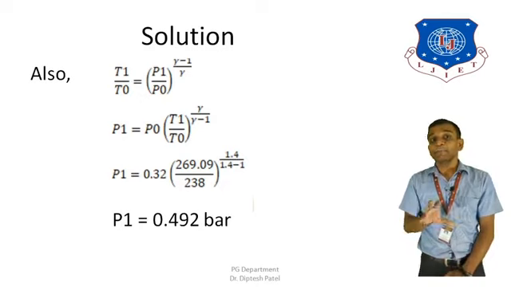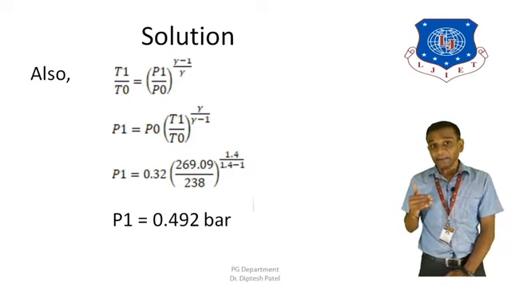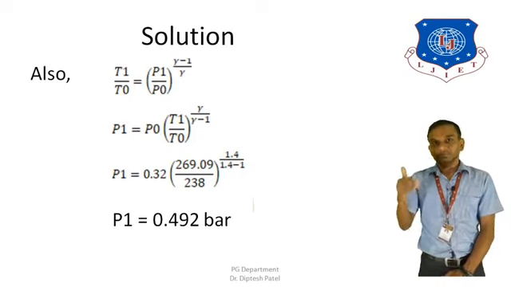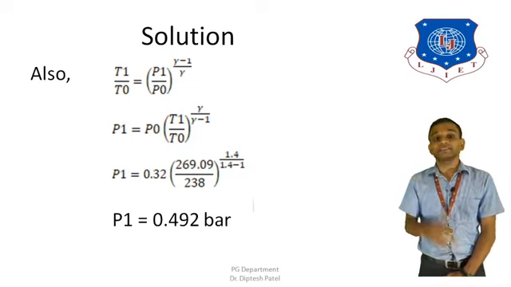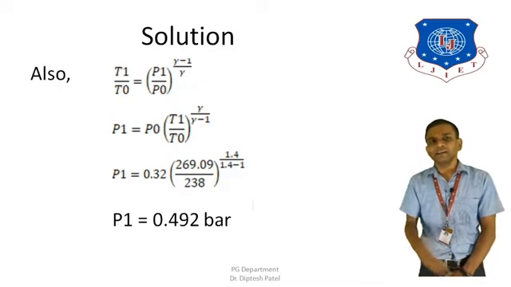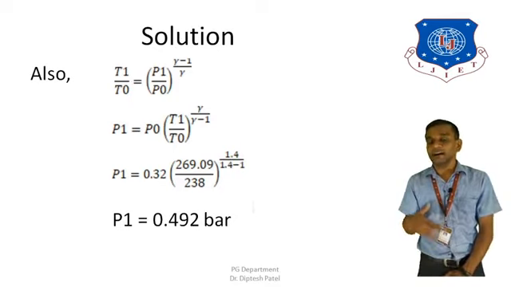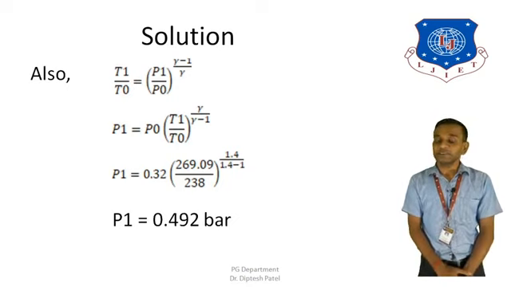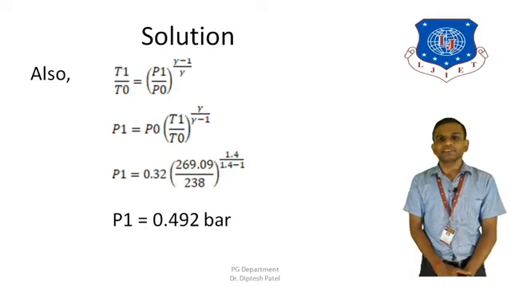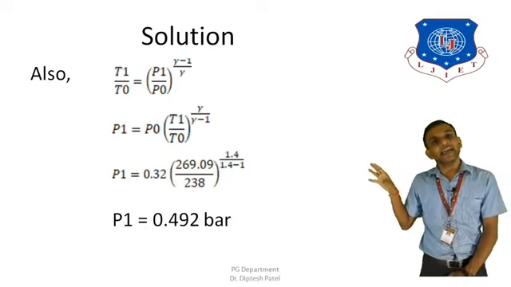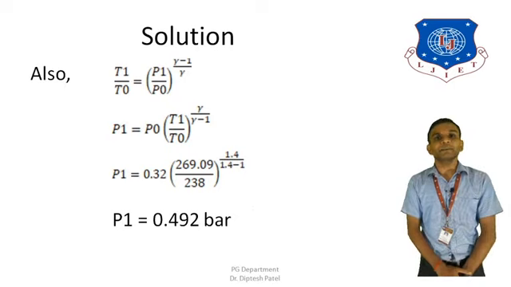So therefore P1 is equal to P0 into T1 upon T0 raised to gamma upon gamma minus 1. I have all these values. I have P0, that is 0.32 bar, then T1 269.09, that we found out in the first step, and T0 is given 238, and also the value of gamma is given 1.4. So we just put the values in this equation and we find the value of P1. So here P1 is equal to 0.492 bar.